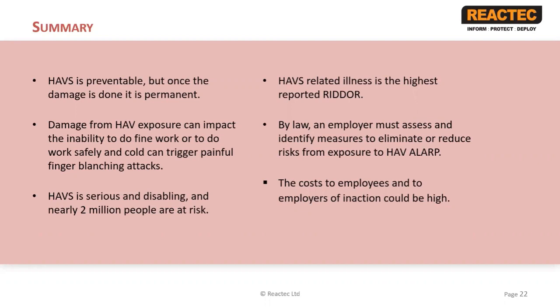It is the highest reported industrial disease in the UK. And by law, an employer must assess and identify measures to eliminate or to reduce the risk from exposure to hand-arm vibration as low as reasonably practical. And the cost to both employees and employers of inaction can be extremely high.